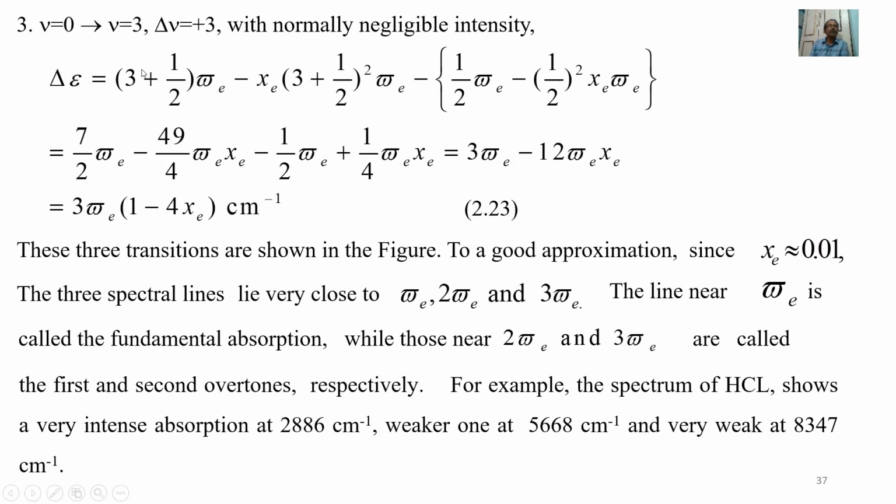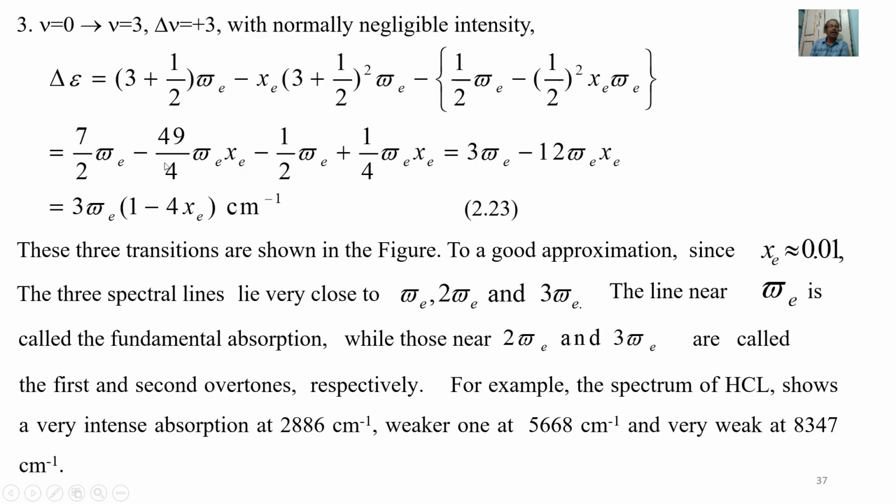So we have 3 plus 1 by 2, and here also (3 plus 1 by 2) whole square, the remaining term as it is. And this will give me 7 by 2, and this will give me (7 by 2) whole square, which is nothing but 49 by 4. Simplifying the first term and third term will give us 7 minus 1, 6 by 2, which is nothing but 3 omega_e.